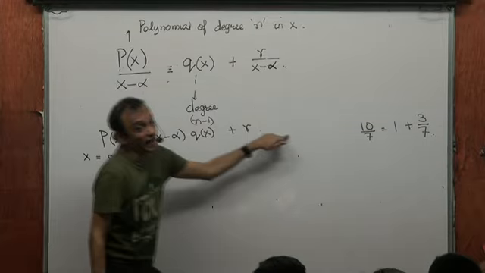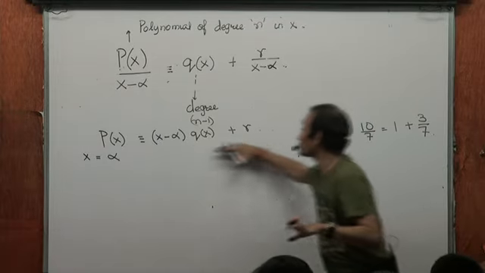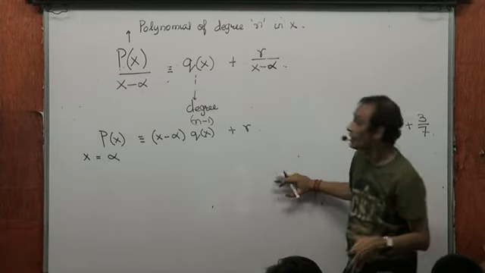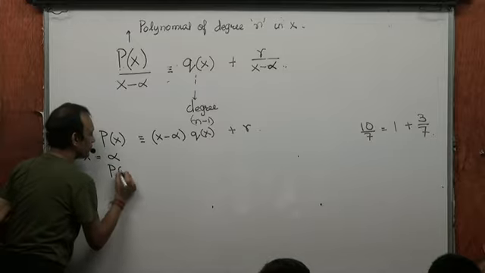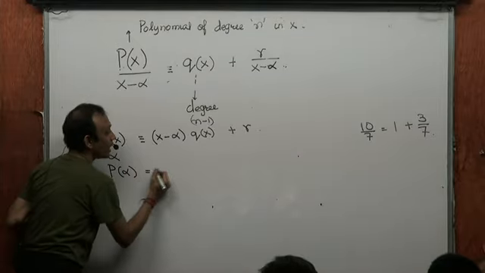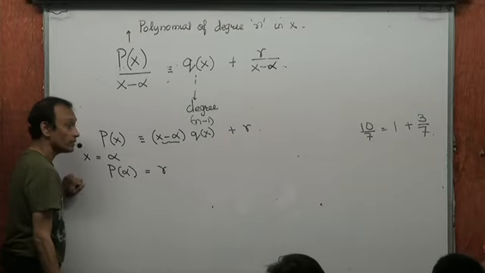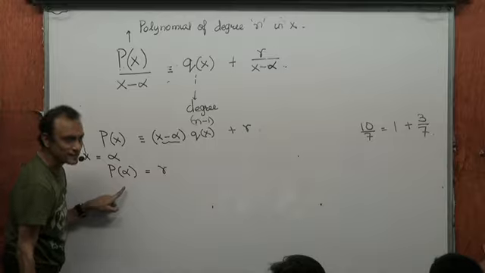If it's an identity, I can plug in any value of x on the left hand side, and that will be equal to the corresponding value on the right hand side for the same value of x. Let me plug in x equal to alpha on both sides. Then p(alpha) equals r, because this becomes 0 on plugging in x equal to alpha. But what is r? R is the remainder when p(x) is divided by x minus alpha.